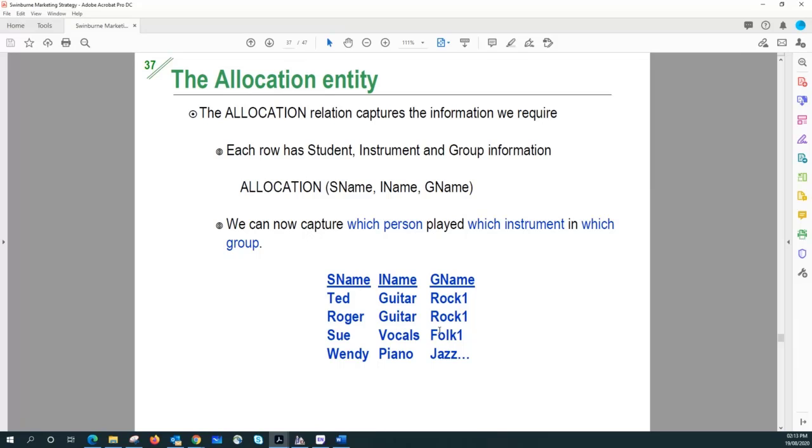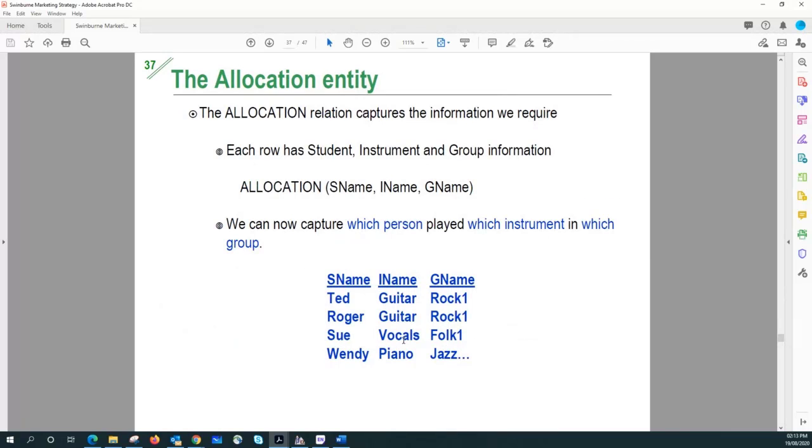Sue is a vocalist playing vocal in the folk 1, and Wendy is a pianist in the jazz group. So it looks okay. It actually shows which person is playing which instrument, in which group, in this middle entity.